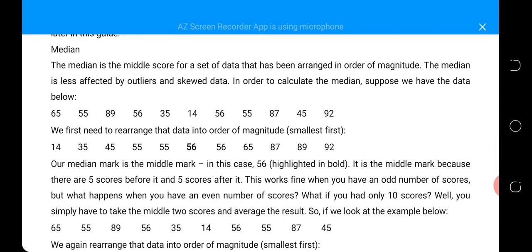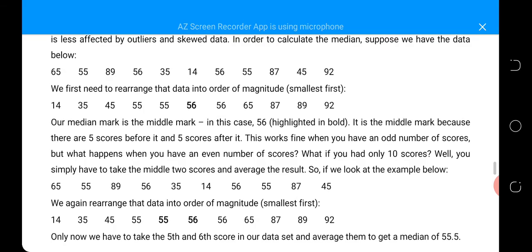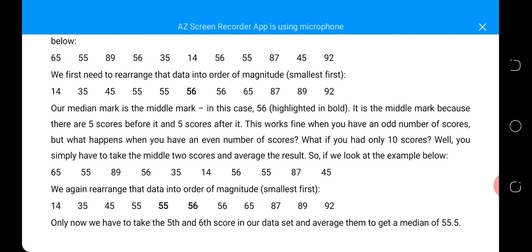Median. The median is the middle score for a set of data that has been arranged in order of magnitude. The median is less affected by outliers and skewed data. In order to calculate the median, suppose we have the data below. We first need to rearrange the data into order of magnitude, smallest first.